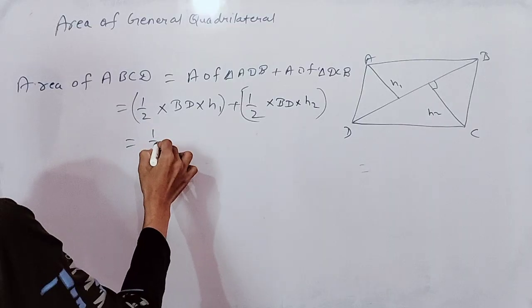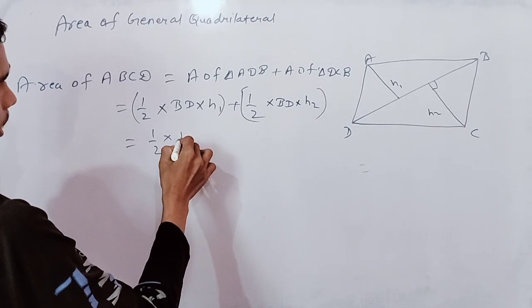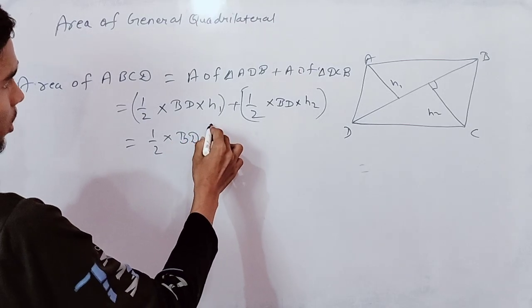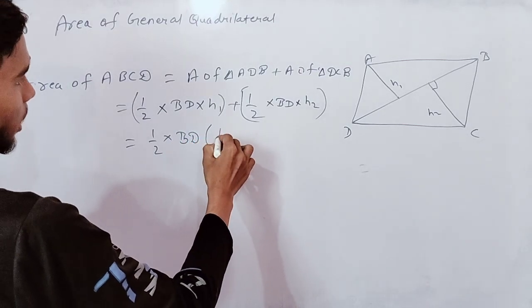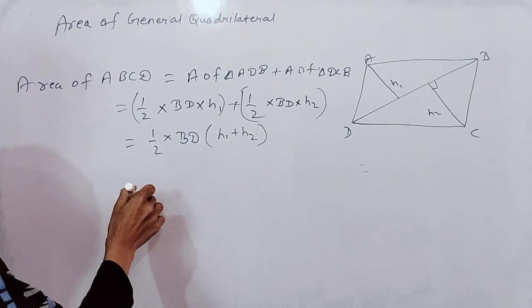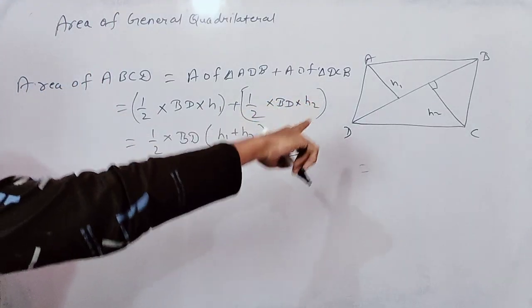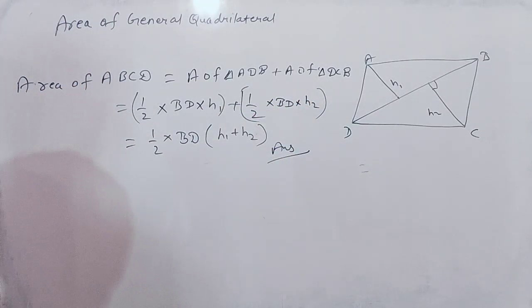Here 1 by 2 is common and BD is common. Now h1 plus h2 is not common, so this is the formula for finding the area of this type of quadrilateral.